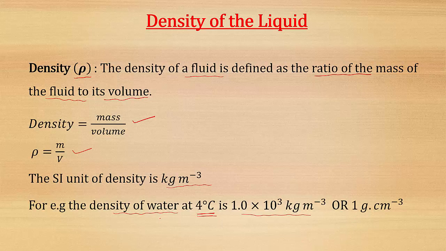So remember, density of water is maximum at a temperature of 4 degrees Celsius. After 4 degrees Celsius, density of water goes on decreasing. So we consider the maximum density of water is 1000 kg per meter cube at 4 degrees Celsius. So this is all about density of liquid.